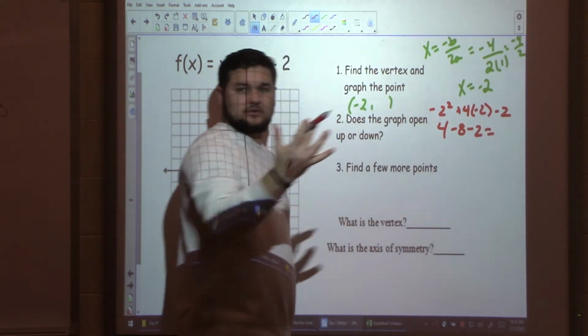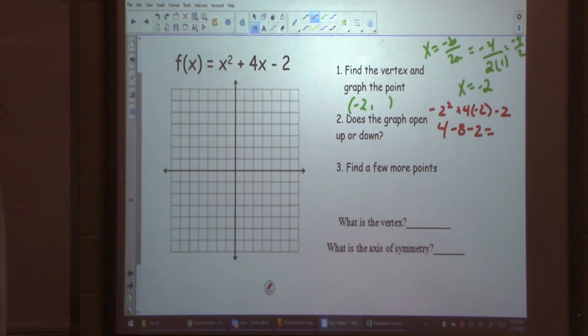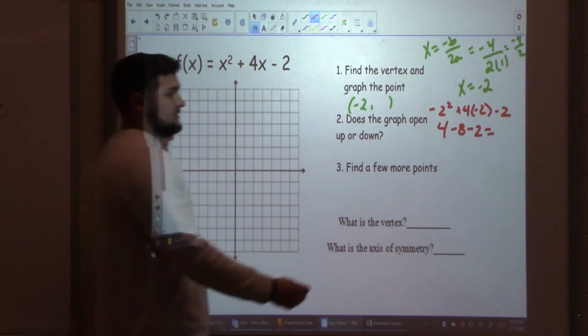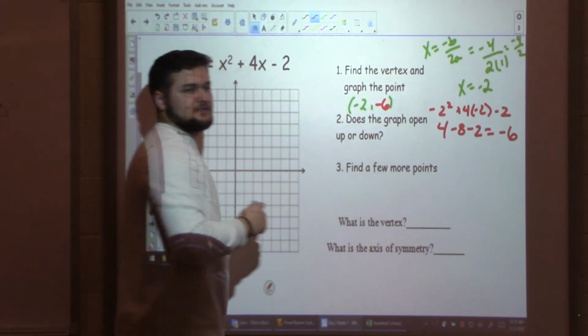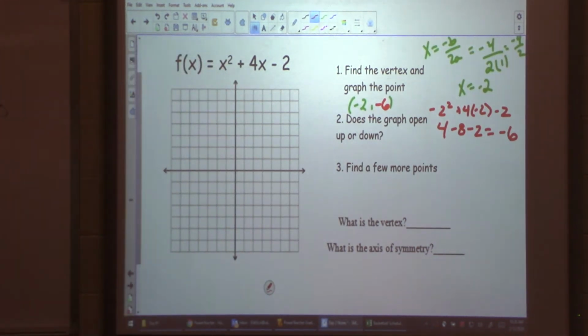And then minus 2. So 4 minus 8 gets me negative 4. Minus 2 is negative 6. So my y value then is negative 6. So negative 2, negative 6. Did everyone see how we found both the x and the y value there?